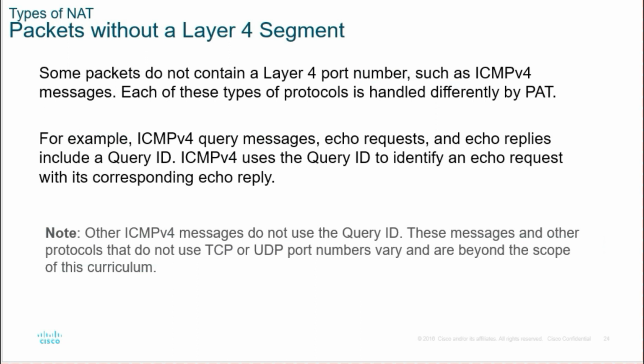Some applications yang menggunakan internet protocol tidak ada port number, contohnya ICMPv4. So ada cara berbeza-beza lah mengikut protokol-protokol ini yang menggunakan number lain sebagai mapping. Contohnya ICMPv4 kita gunakan the query ID dalam ICMP format itu.